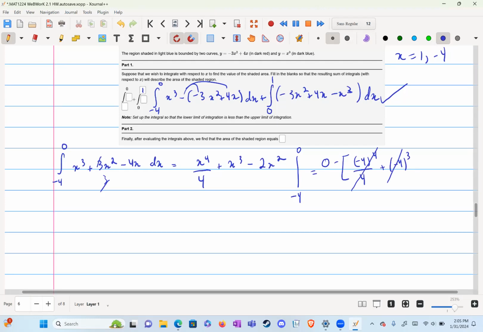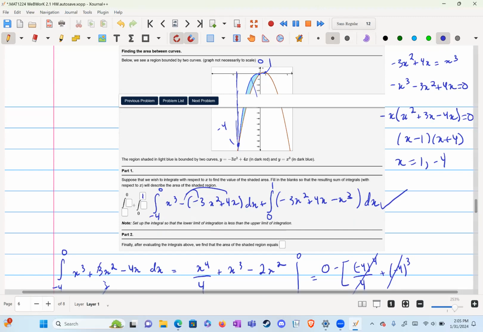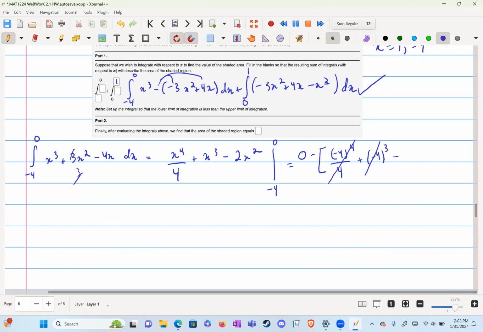And then we have -4 squared, which is 16 times 2, which is -32, minus that is positive 32.